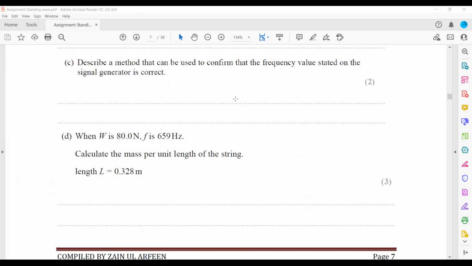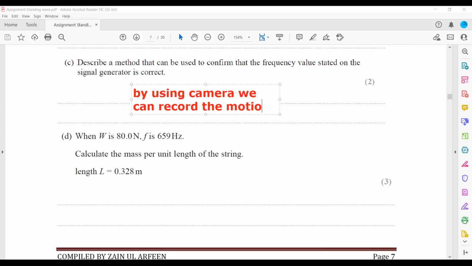Describe a method that can be used to confirm that the frequency value stated on the signal generator is correct. So how can we work out that the frequency value mentioned on the signal generator is correct? Using a camera, we can record the motion and find the time period first, like the time to complete one vibration.